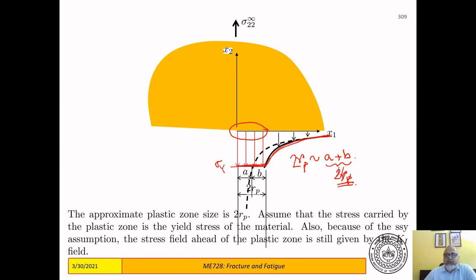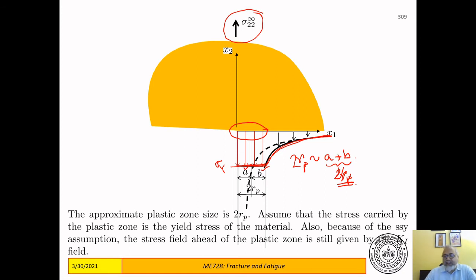So now we will try to estimate A and B. The way we will do it is to say that, look, I have not changed the load at the remote boundary, so the force that I have applied on the body remains the same. Therefore, the force that is needed to balance this should also remain the same.